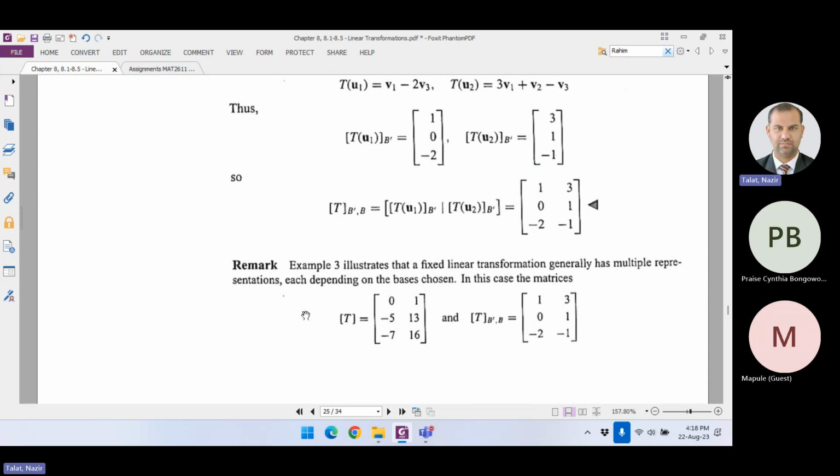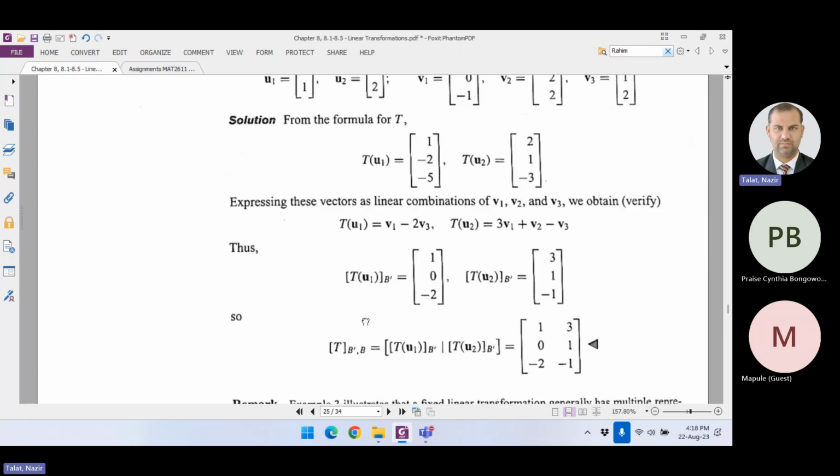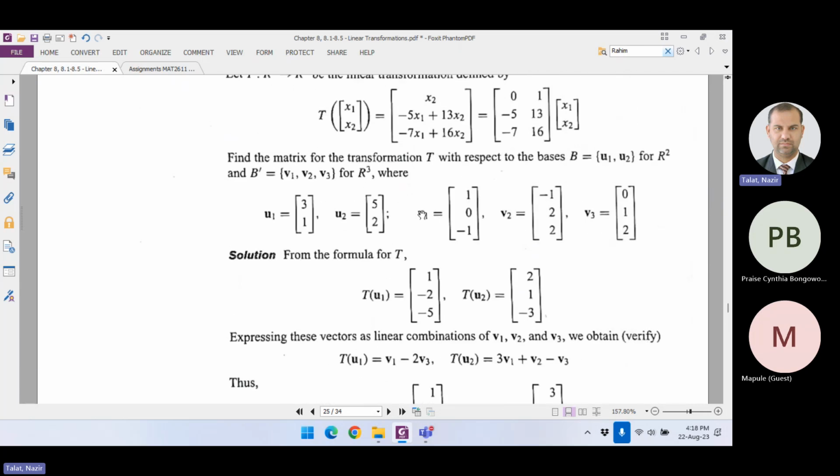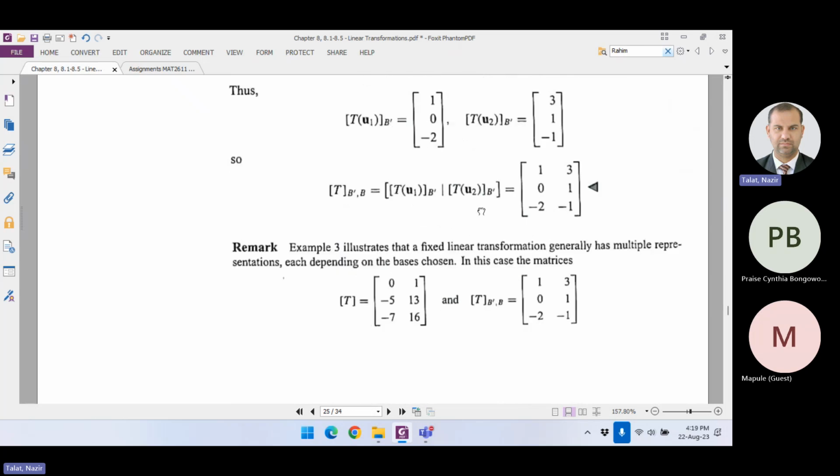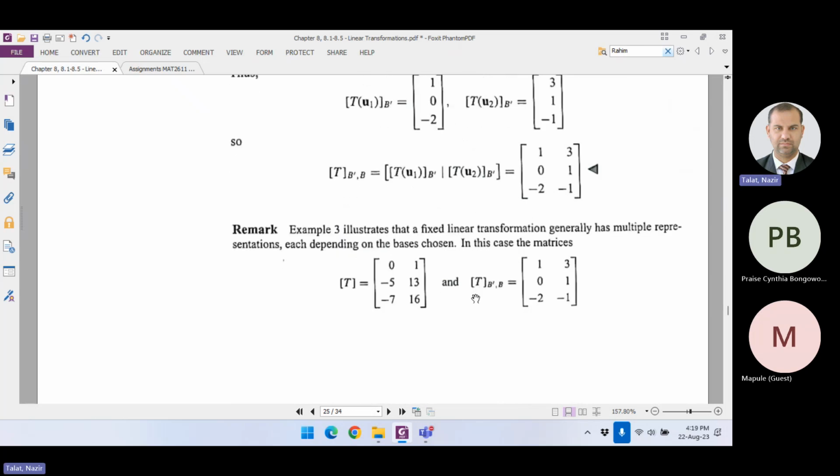Now, it means that if the T matrix is available like this one, which is the standard matrix of this linear transformation, then T under B prime is the standard matrix of its image elements based on B prime from B. Like these are the bases available for that.